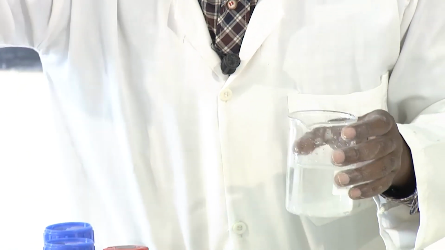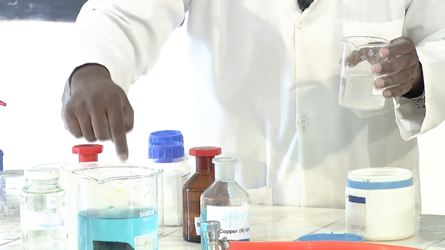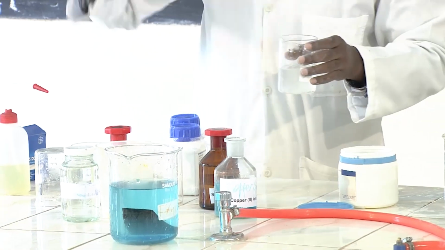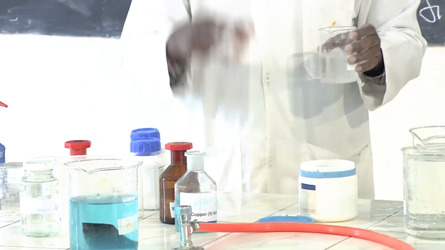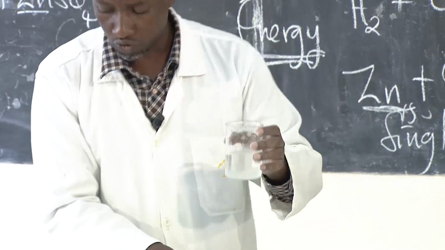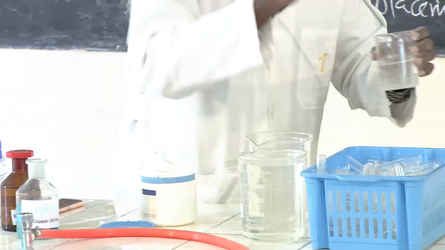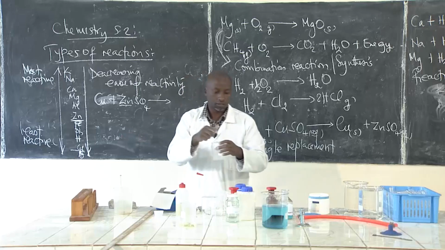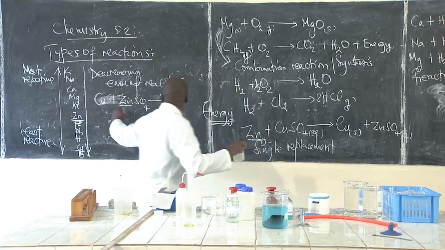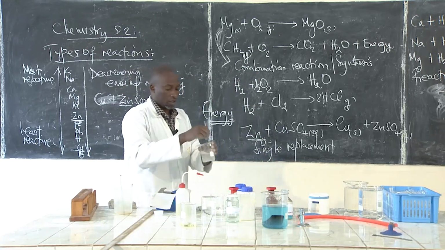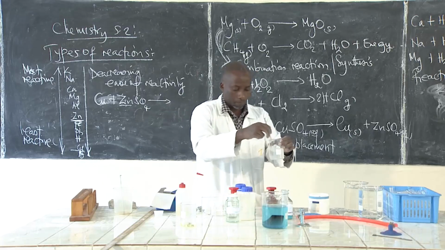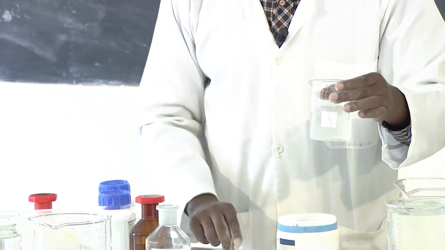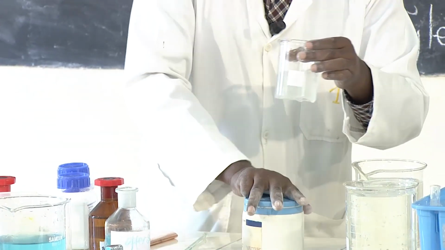Please, as you are following, you need to look at this one. There is a reaction going on here. So I have a strip. This is zinc sulfate solution. Remember, I'm just trying to show you the difference between this and the one we were talking about. This is zinc sulfate, and I have a copper strip here with me.